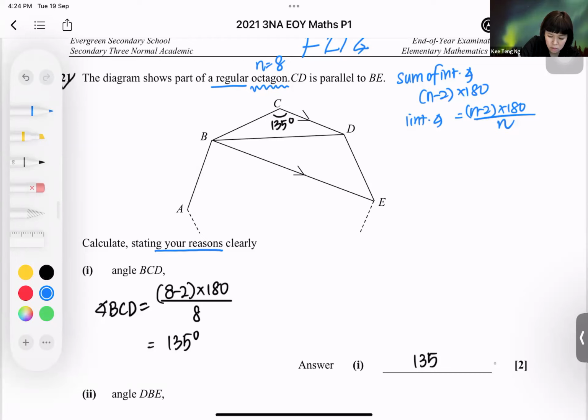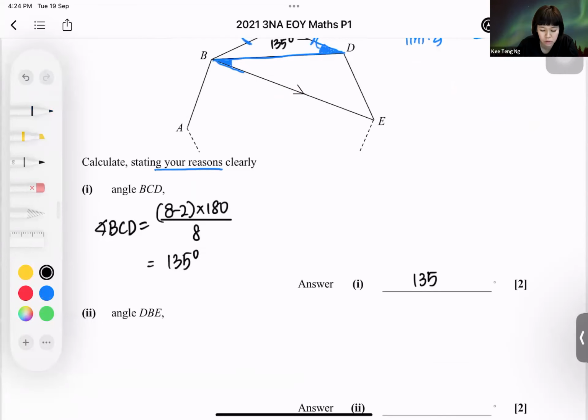Next, find angle DBE. To find angle DBE, we notice that this is actually an alternate angle on parallel lines with this angle over here. So it's equivalent to finding angle CDB. And how do we do that? This is a regular polygon. What do you mean by a regular polygon? A regular polygon has all the interior angles the same, and all the lengths of the sides are equal. So in general, this is an isosceles triangle, and we look at the base angles of the isosceles triangle.